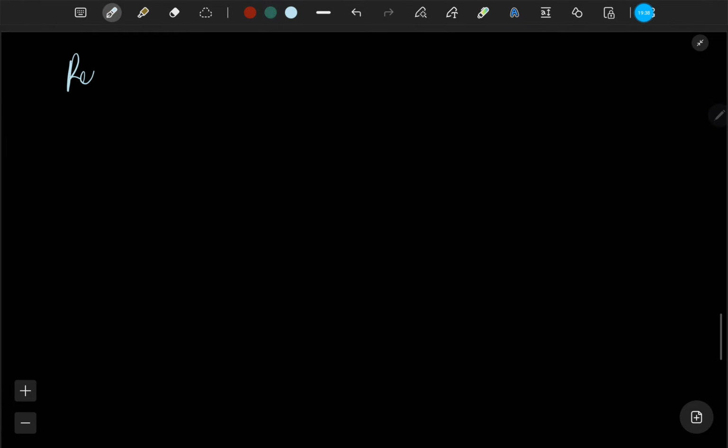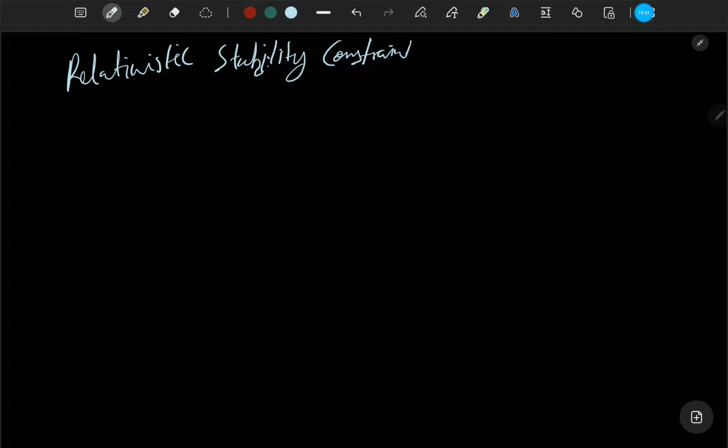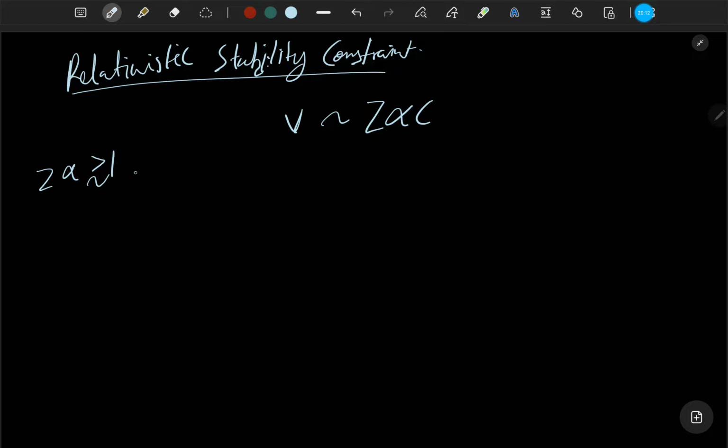So the relativistic stability constraint for heavy elements, relativistic electron speed scale, and if z alpha is approximately equal to 1, the electron speeds approach c, and then you get a supercritical behavior.